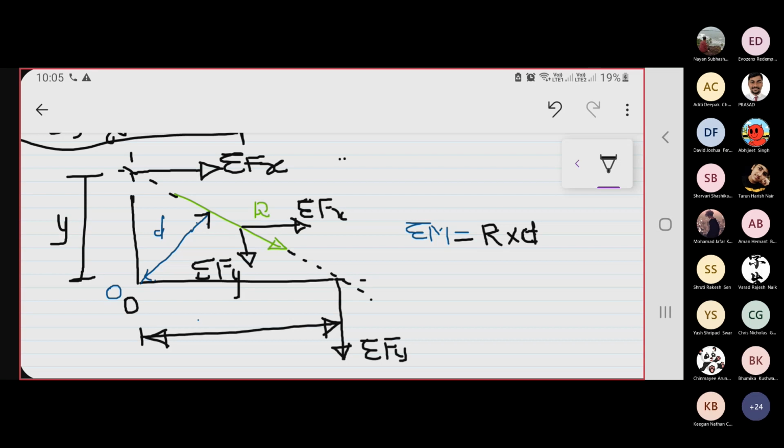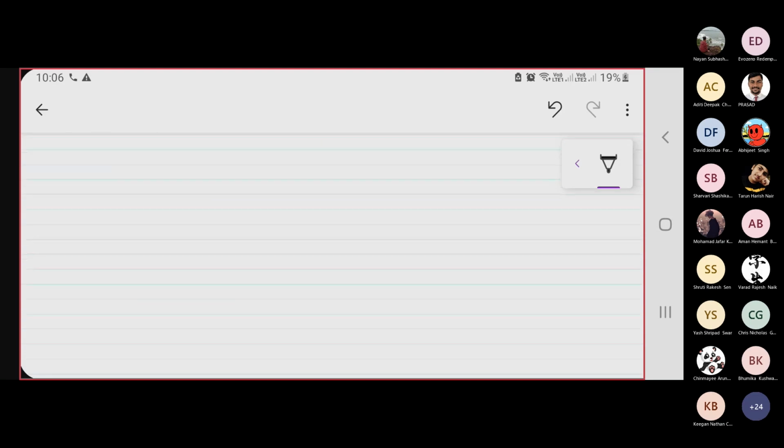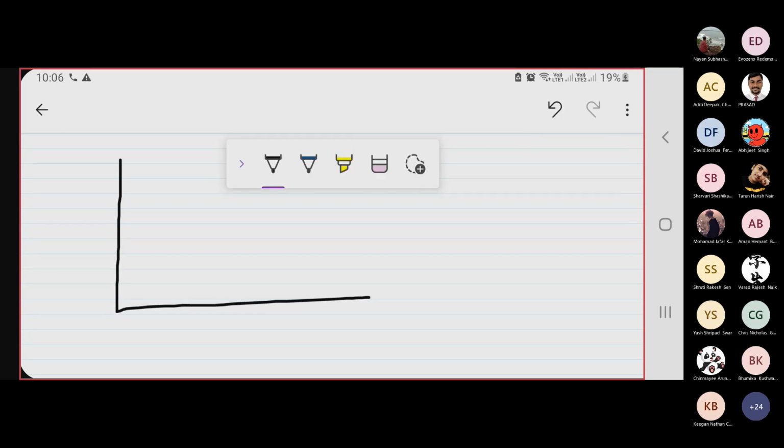So this x and y are called what? Sorry, summation Fx and summation Fy are called components of force R, and x and y are called intercepts at the x-axis and y-axis. Okay, so one by one we will do.